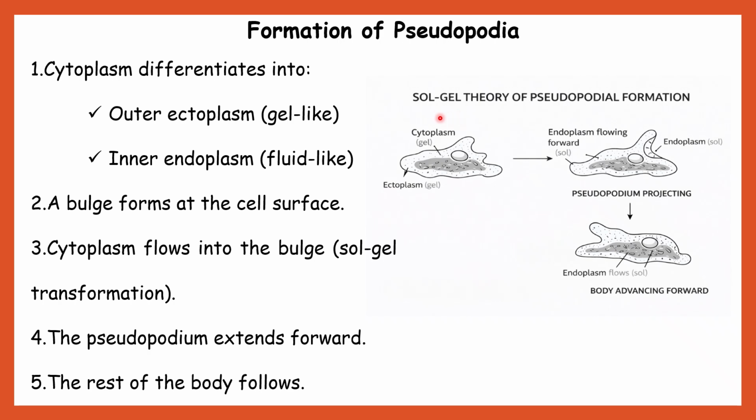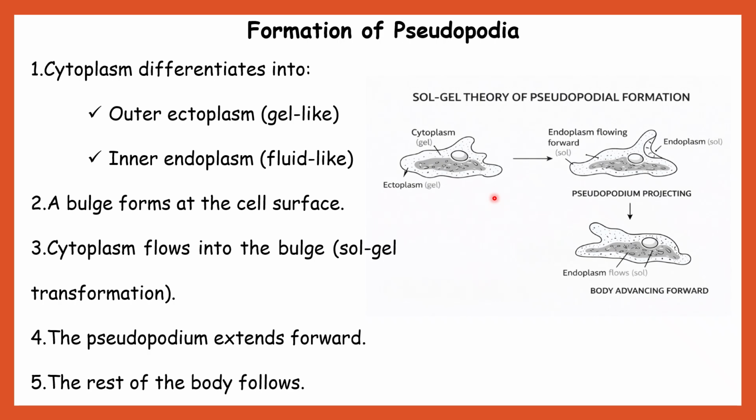That is known as the sol-gel theory of pseudopodial formation, which explains how these cytoplasmic extensions are formed by protozoans. Let's take the example of amoeba. Amoeba is known for the formation of lobopodia type of pseudopodia, as you can clearly see in this diagram. This diagram clearly shows how a cytoplasmic extension is formed.